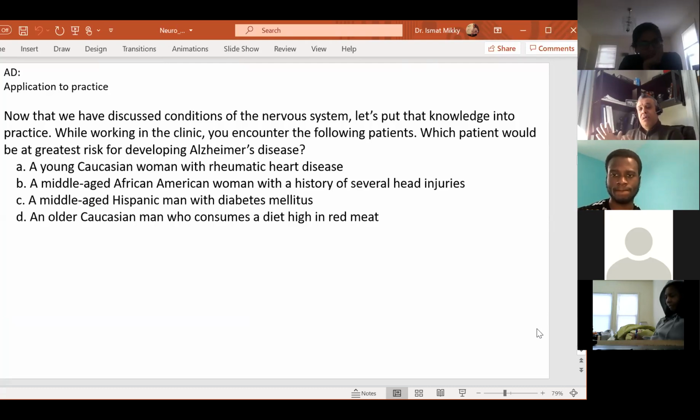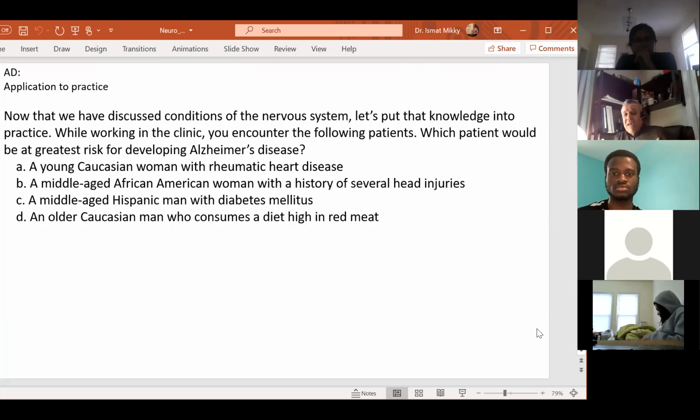So we count the risk factors. As we count risk factors, patient B, a middle-aged African-American woman with a history of several head injuries. This woman has more than one factor, right?